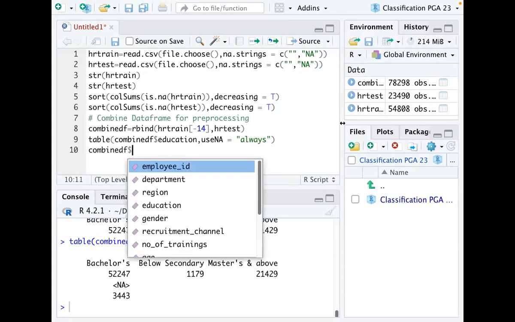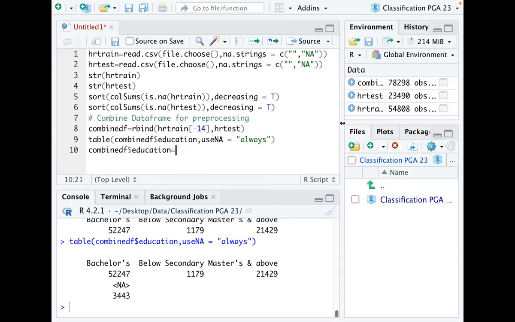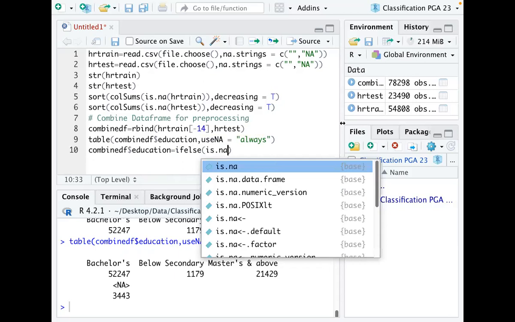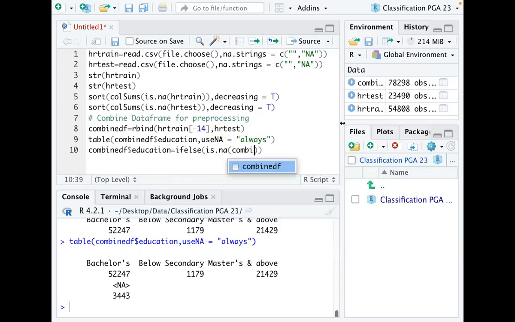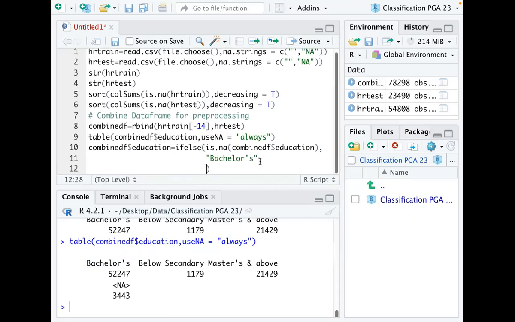Combined DF dollar education is equal to ifelse is.na combined DF dollar education. If the condition is met, comma, double quotes, bachelors. Else combined DF dollar education. So retain the value if it is not a missing value.